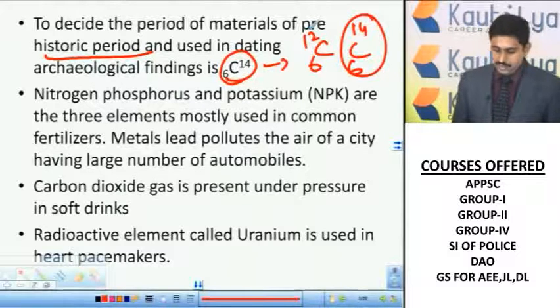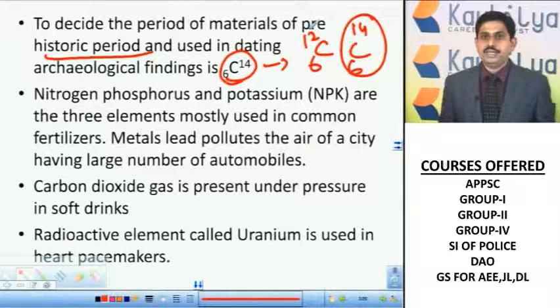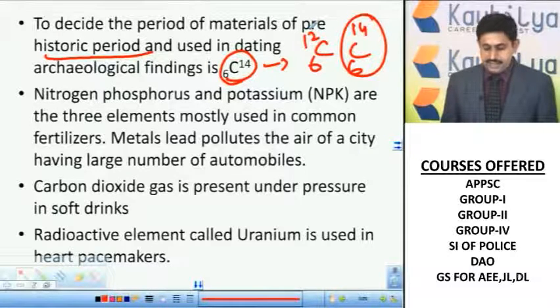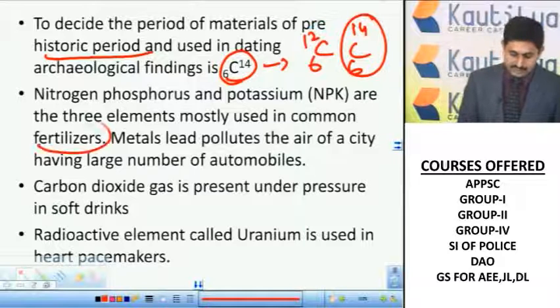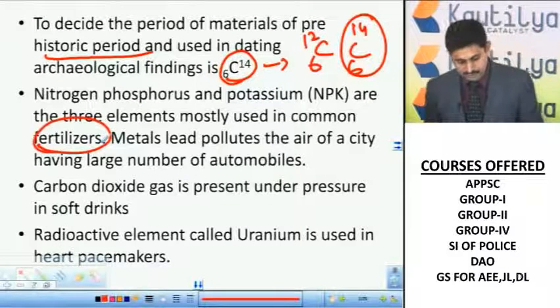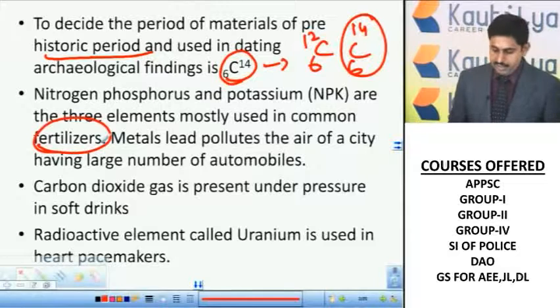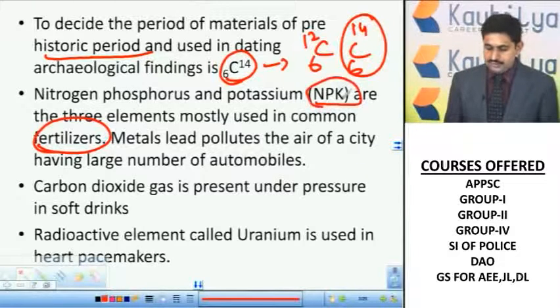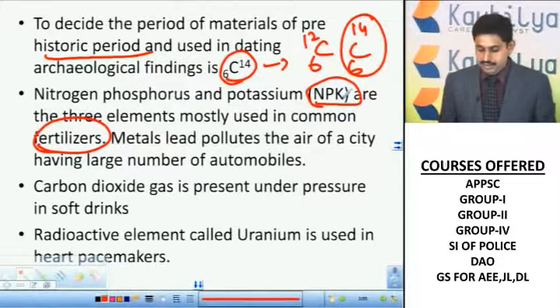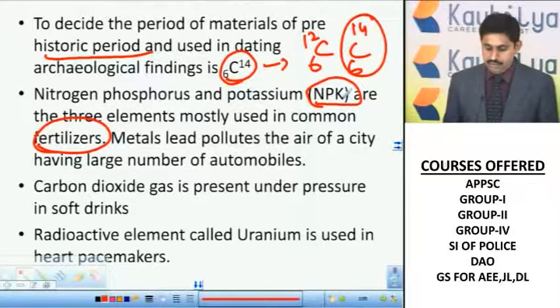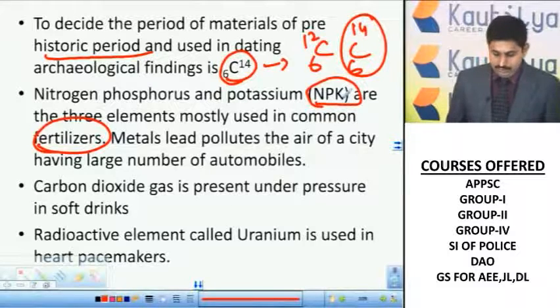Okay, the next one, nitrogen, phosphorus and potassium. These are very rich elements which are commonly used for the preparation of most fertilizers, NPK. Of course, we find nitrogen, potassium and phosphorus in general fertilizers. Metals: lead is a metal which a large number of automobiles release.